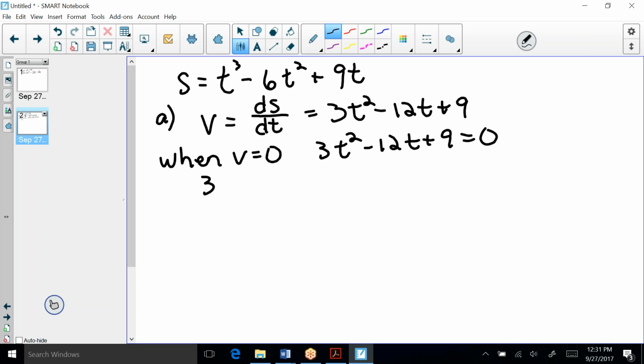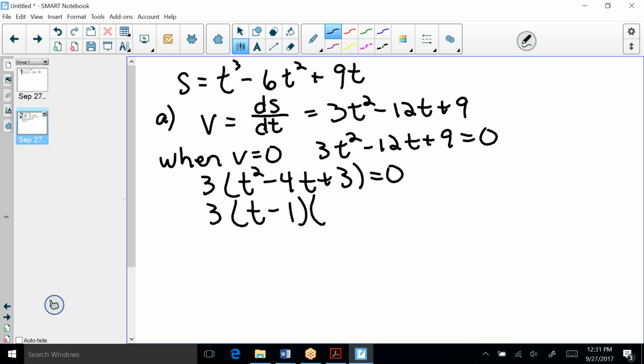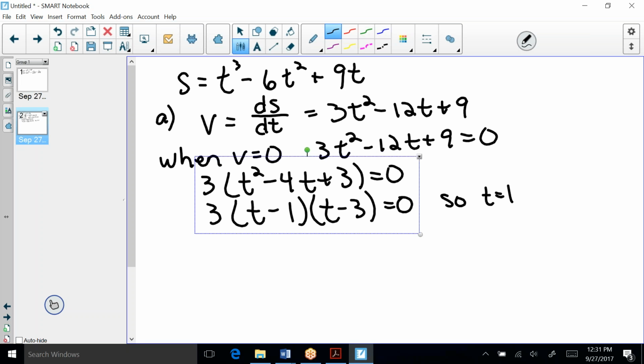So I can factor a 3 out of that equation and get 3 times (t squared minus 4t plus 3) equals 0. Then I can factor this quadratic as (t minus 1)(t minus 3) equals 0. So the two solutions are t equals 1 or t equals 3.